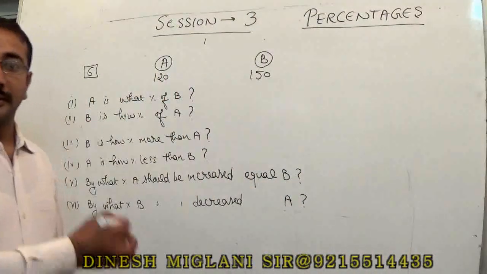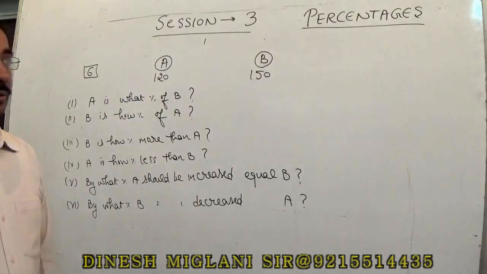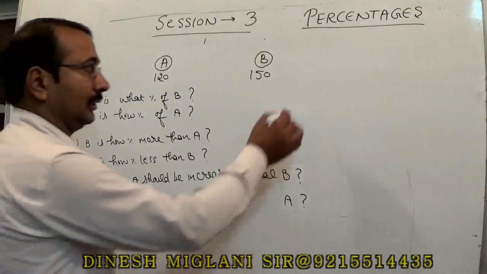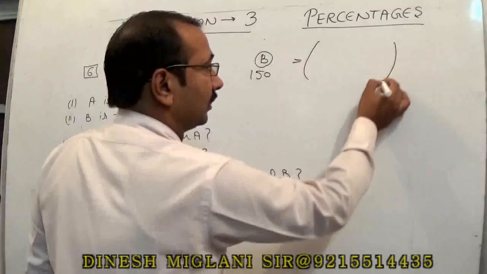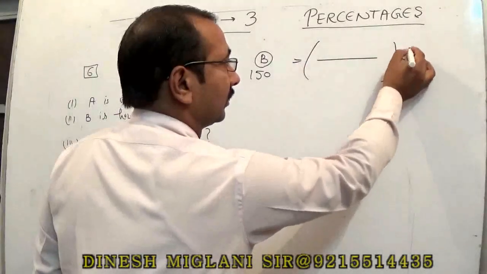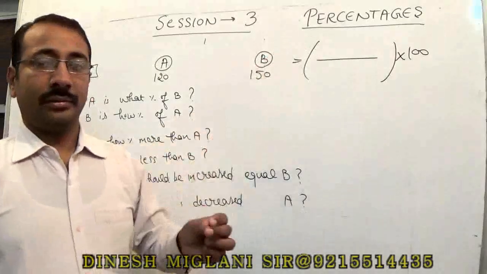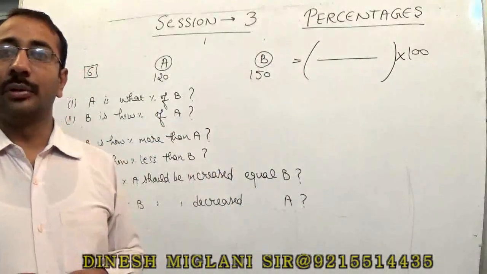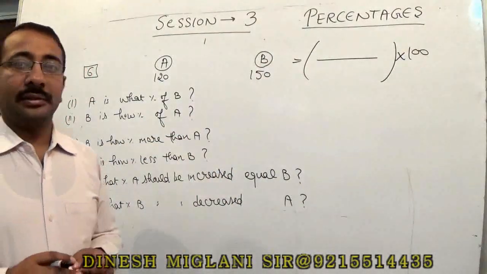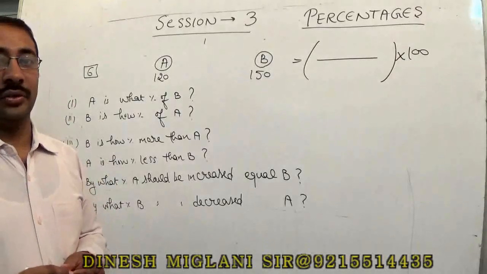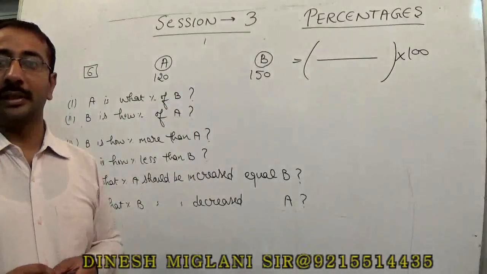Before answering these questions, I would like to tell you the basic way to find percentage. I hope everybody knows this: you put one number in the numerator and one number in the denominator, into 100. But there is a need to understand what should be in the numerator and what should be in the denominator.